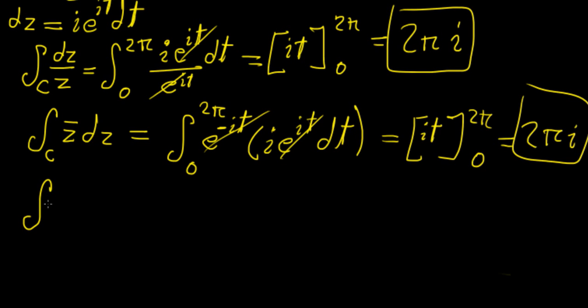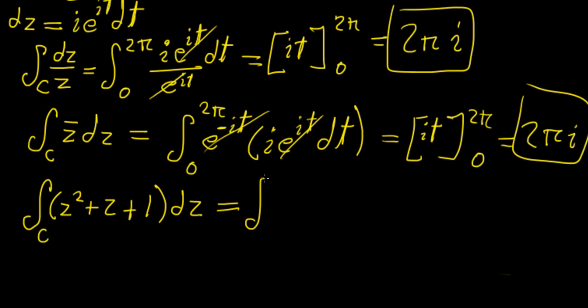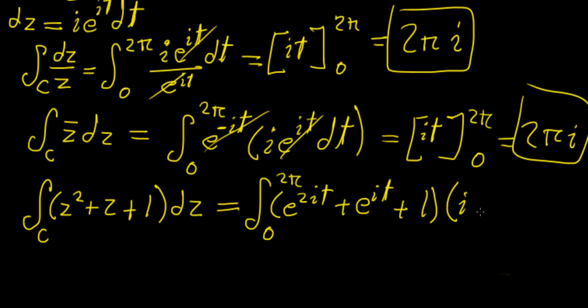And last but not least, let's say we want to evaluate the following integral. Let's have a quadratic polynomial, z squared plus z plus 1 dz, and let z be along the same curve. We're going to use the same parameterization, which means that this is equal to the integral from 0 to 2 pi of e to the 2it plus e to the it plus 1, times i e to the it dt.